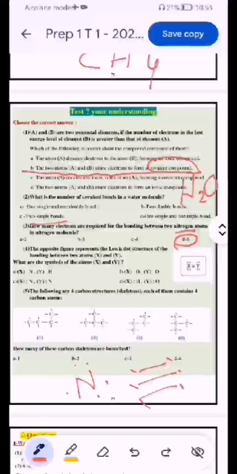This contains 2 pairs and 2 pairs, 4 pairs of electrons in Y and X. And there are 2 covalent bonds, or a double covalent bond, between them. Each covalent bond equals a pair of electrons. So, Y contains 6 electrons and X contains 6 electrons also. So we will choose B. X is oxygen and Y is oxygen also.